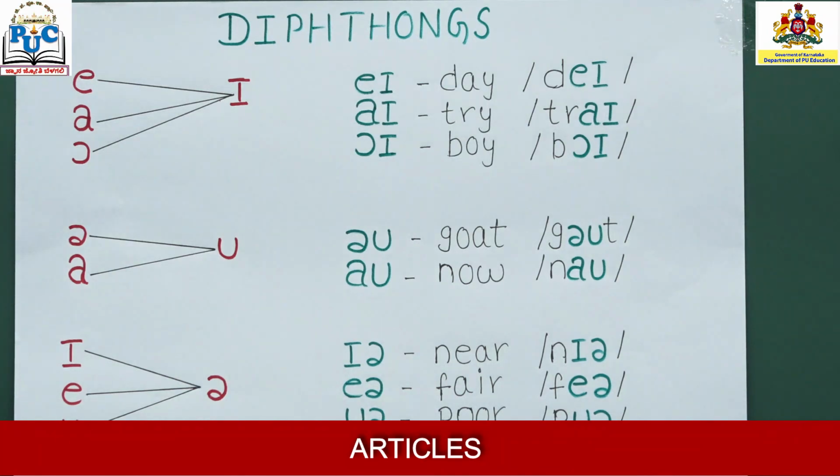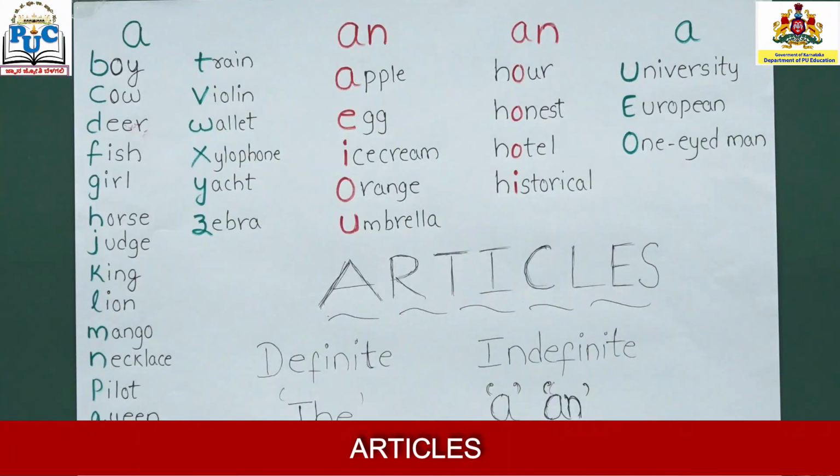So now you have learnt what is a vowel sound, what are monophthongs, and what are diphthongs. Please open your textbook.